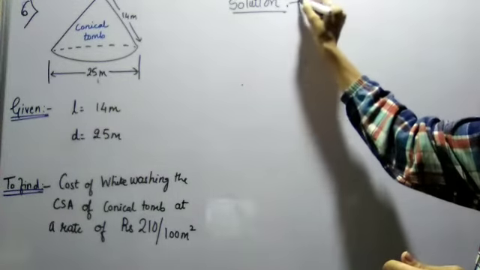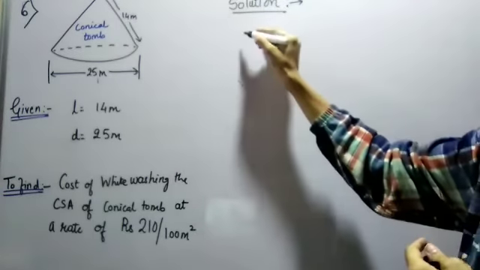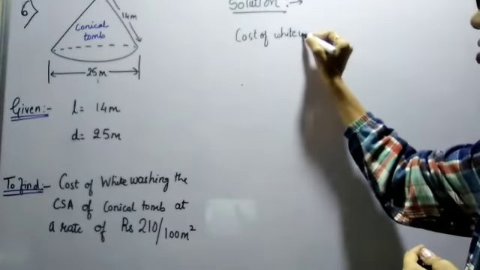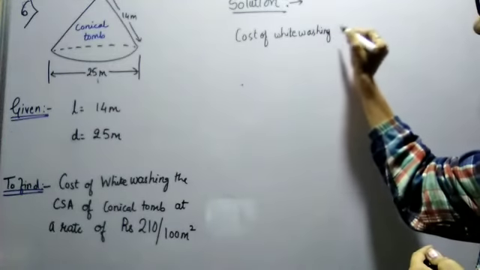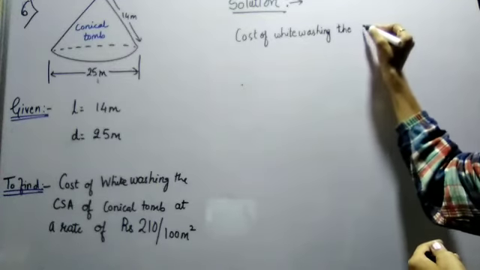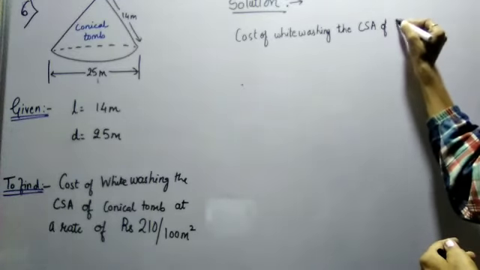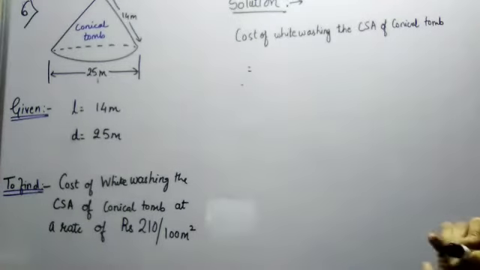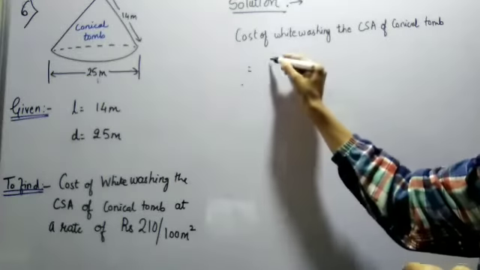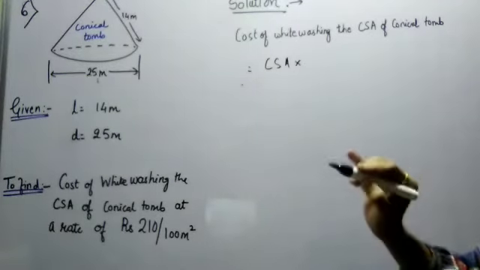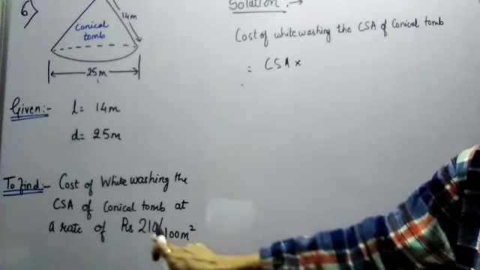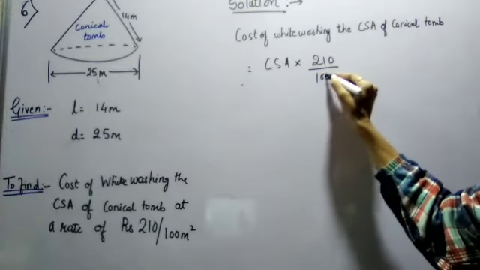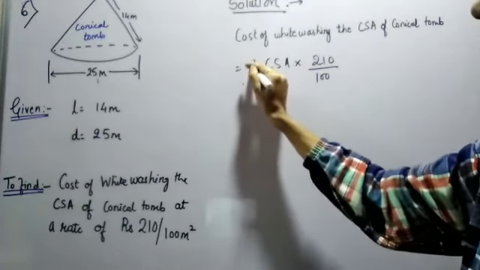In a shortcut way I can write it as cost of whitewashing the curved surface area of the conical tomb is equal to curved surface area into the rate. What is the rate? It is 210 per 100 meters square. So 210 per 100, this much rupees.